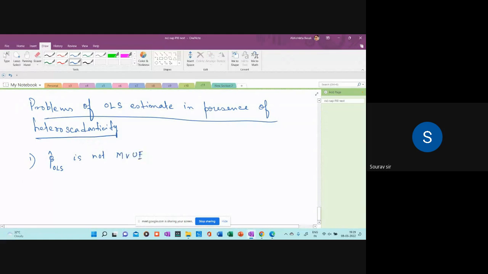So we can write that the OLSE of beta curl is not the minimum variance unbiased estimator.